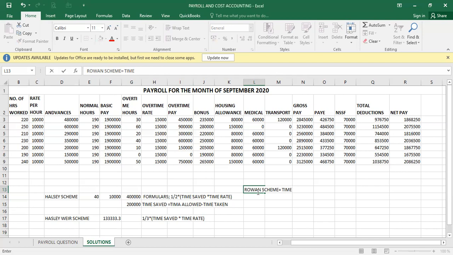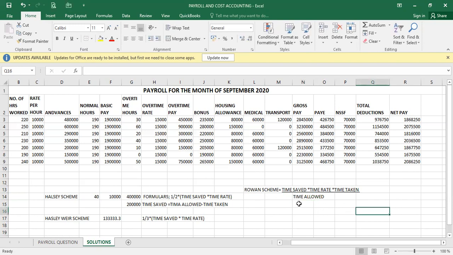It will be the time saved times the time rate, then we multiply by the time taken, and the whole of that is over the time allowed. So that's how it is.